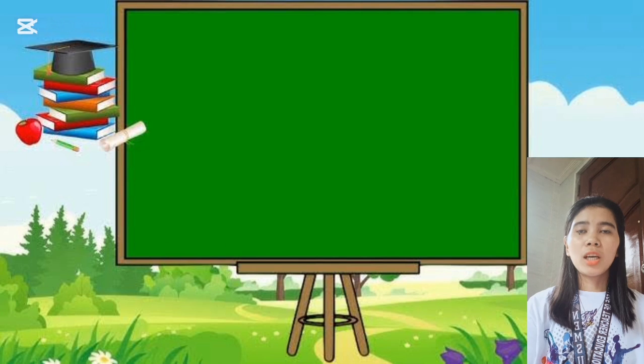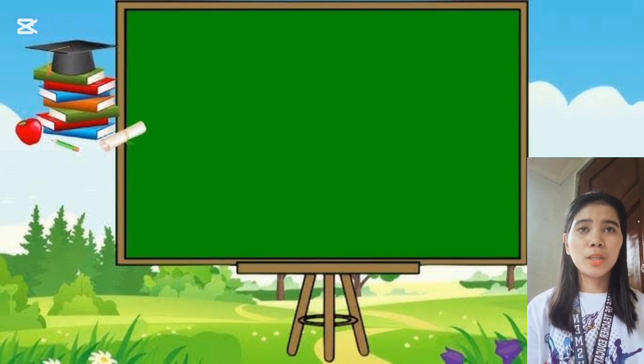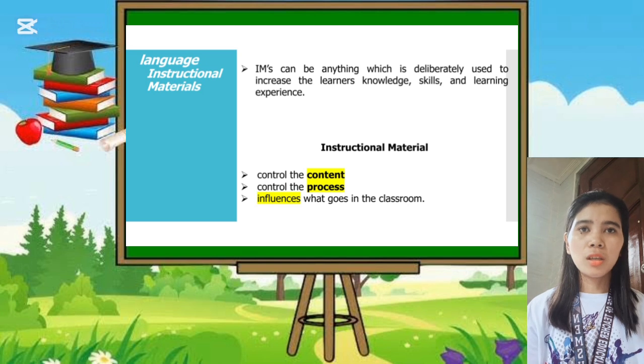Language instructional materials can be anything which is deliberately used to increase learning knowledge, skills, and learning experience. Instructional materials control the content, control the process, and influence what goes on in the classroom.